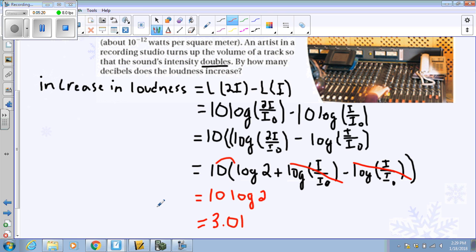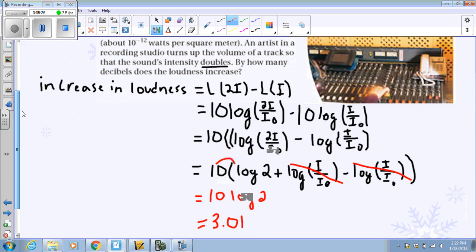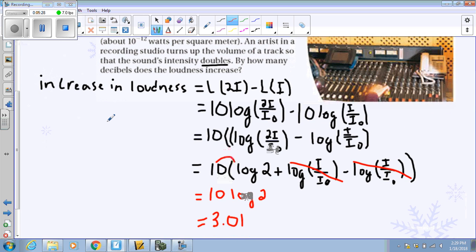So basically the increase in loudness, going from our original intensity to when these sound artists doubled the intensity, the increase in loudness was 3.01, and in this case our label is decibels.